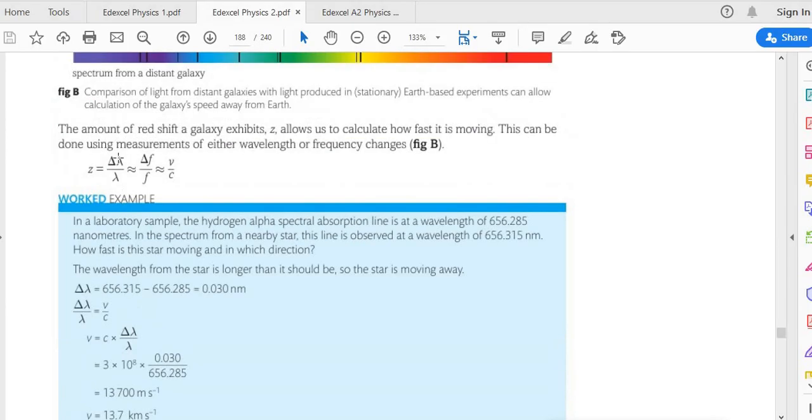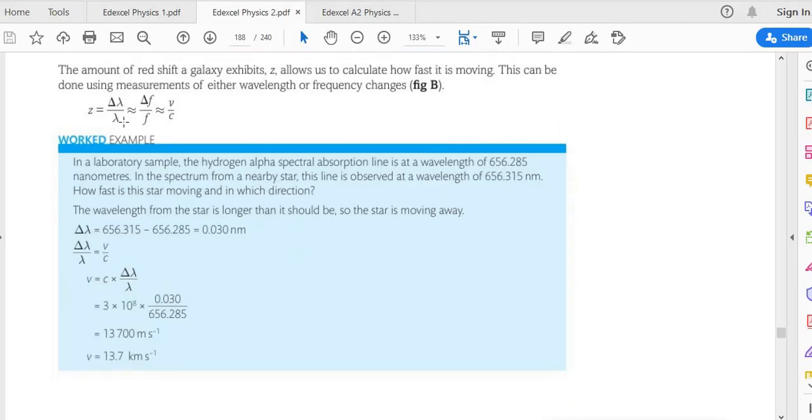So we can use delta lambda divided by lambda equals V over C, because we are given the wavelengths. If we were given the frequencies, then we can use delta F over F equals V over C. We find the change in wavelength with the difference between these two, 656.315 minus 656.285, so we get 0.030 nanometers.